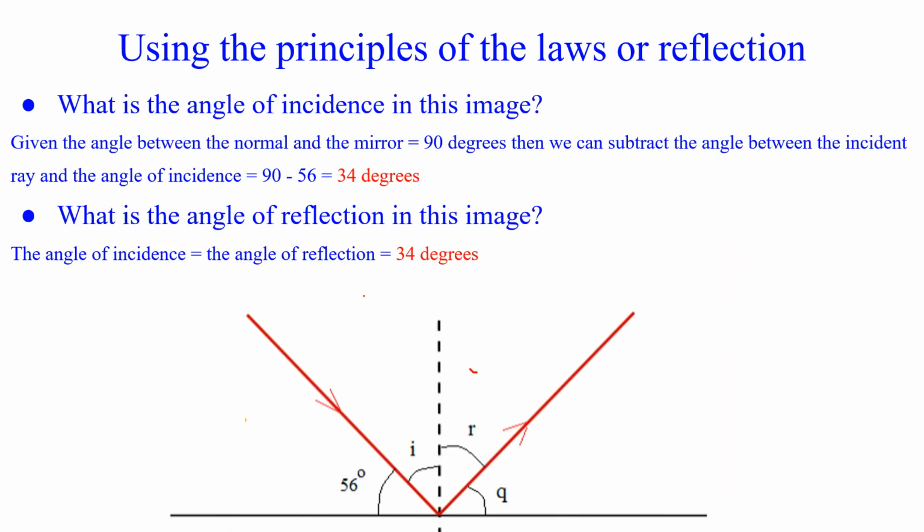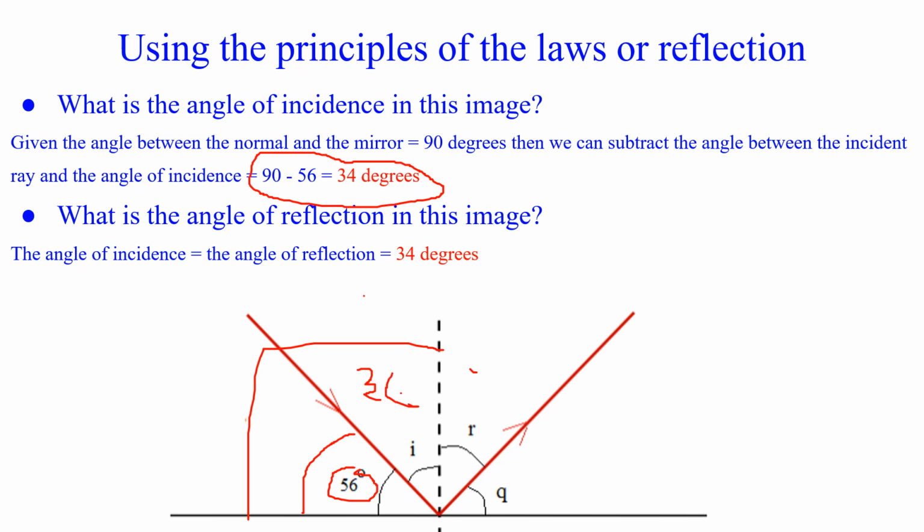Now, be careful if you get a question like this. So we're told that the angle here is 56 degrees and our mission is to work out the angle of incidence, the angle of reflection, and Q here. So given we know that the angle between the normal and the mirror is 90 degrees and we've got our 56 here, we can simply work out our angle of incidence by subtracting that 56-degree measurement from 90 and we get 34 here.